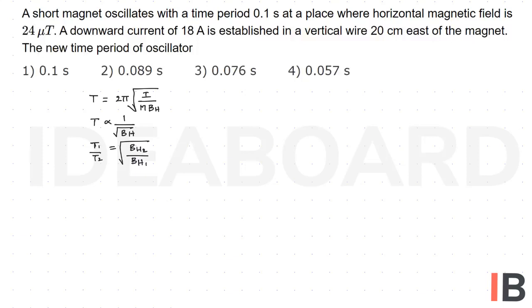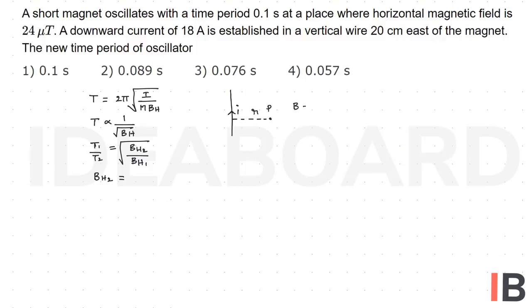As per the question, a downward current of 18 ampere is established in a vertical wire 20 centimeter east of the magnet. So the initial horizontal component is BH1. The final value of the field BH2 is equal to, it is a wire which is carrying the current I. From the wire at a distance r, P is a point.